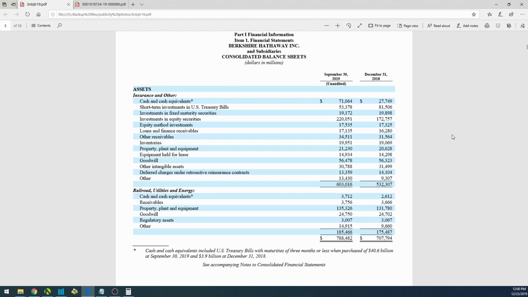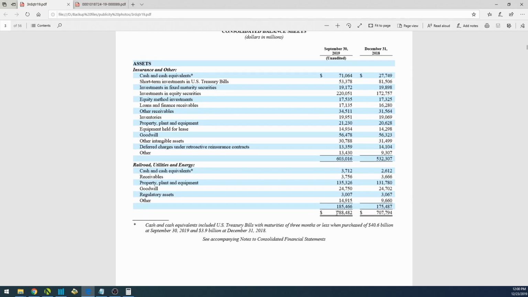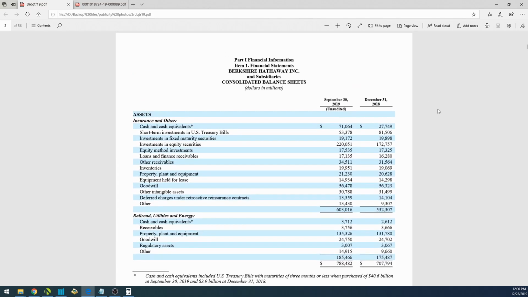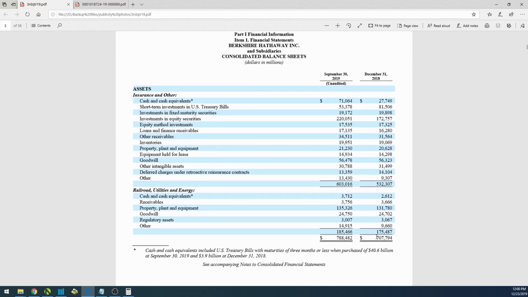So let's compare total assets. Should be labeled here. On December 31st of 2018, total assets were at $707 billion, compared to September 30th of 2019, the first three quarters of this year, already at 788 billion.